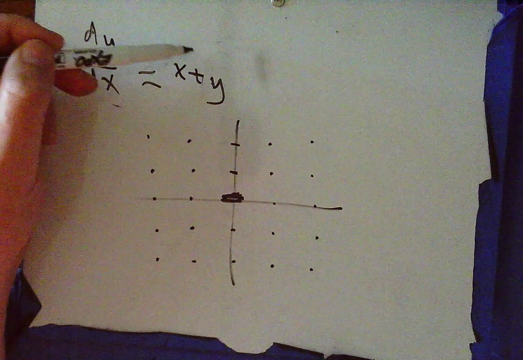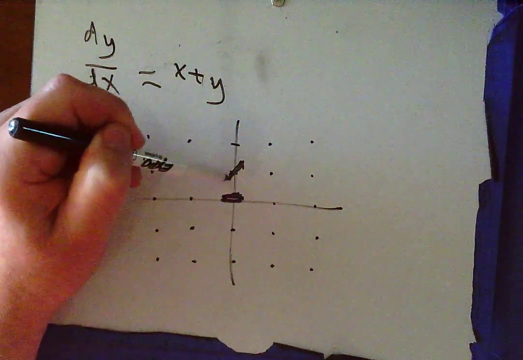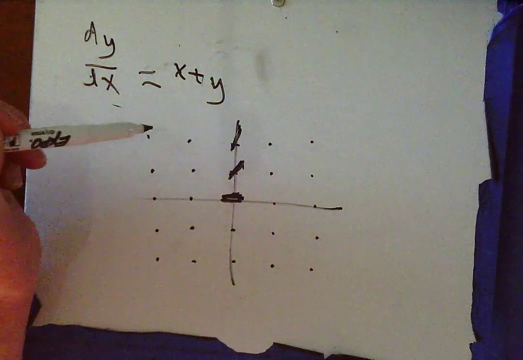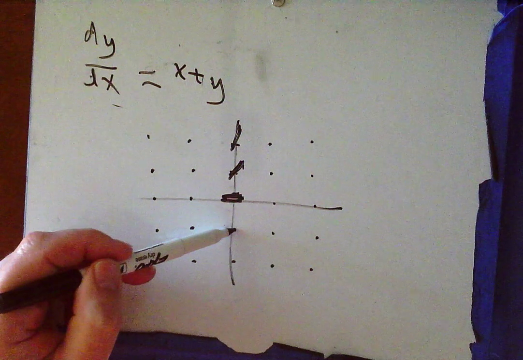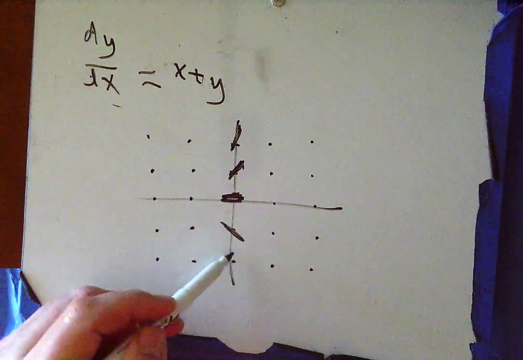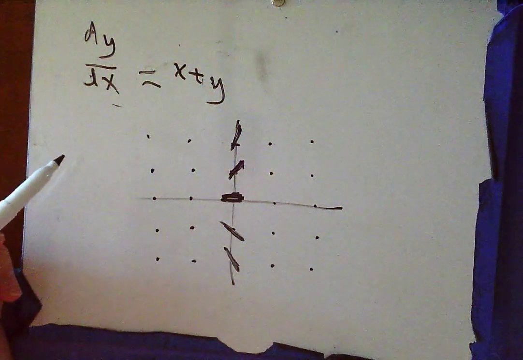So for example, at the point 0, 1, dy dx is going to be 1. At the point 0, 2, dy dx is going to be 2. At the point 0, negative 1, dy dx is negative 1. And at the point 0, negative 2, dy dx is negative 2.